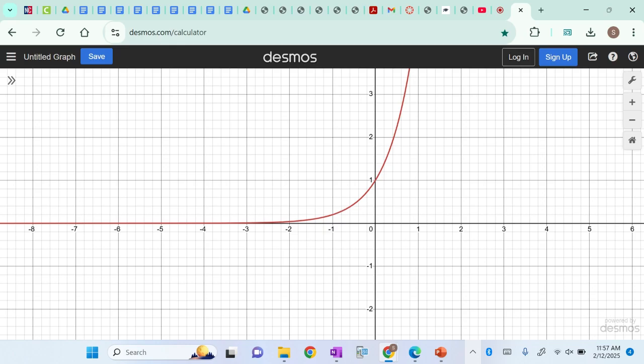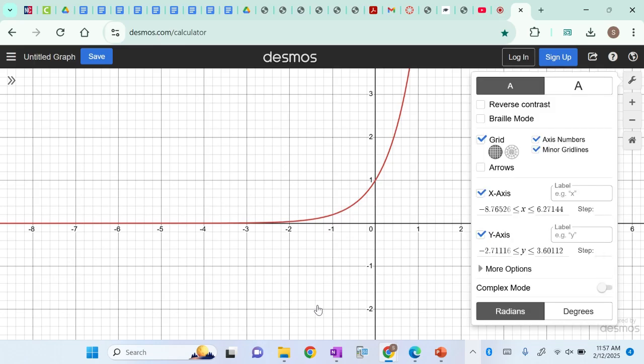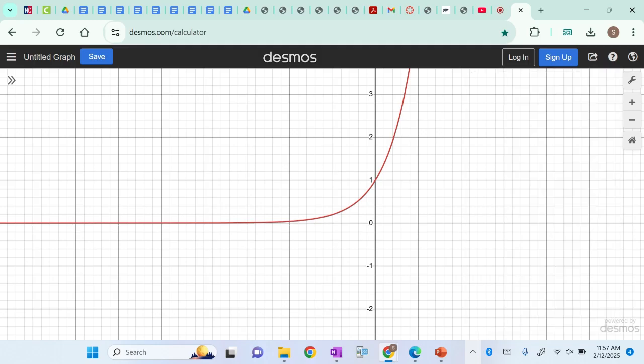So ignore the x-axis, just look at the y. In fact, now we're just looking at the y. So what y value does it look like our graph stops at? 0. So our bottommost y value in this case is 0.